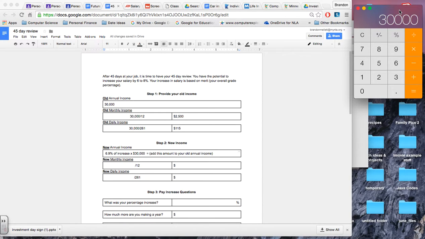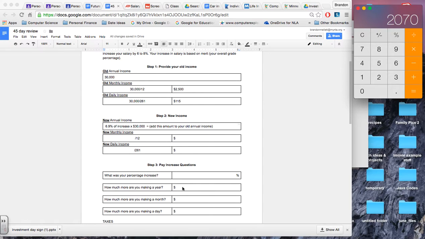So let's say 30,000 is my income times, now we have to change this 6.9% into a decimal if you're using a calculator, so it'd be 0.069. I would be making $2,070 more than what I was making in the past.